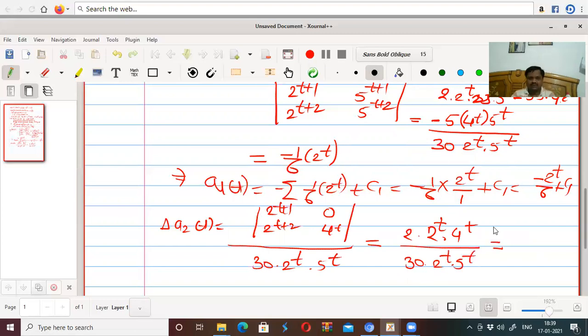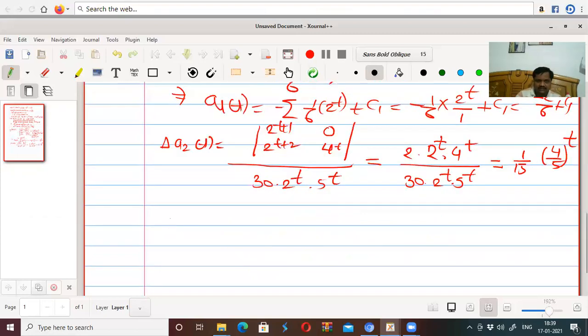Now 2 to the power t cancels with 2 to the power t, 2 by 30 means 1 upon 15 into 4 by 5 to the power t.